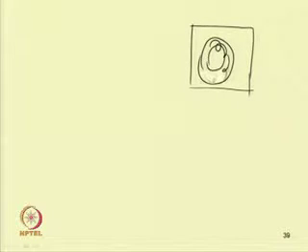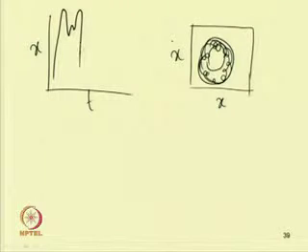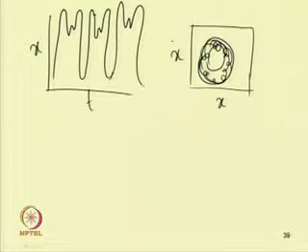This is x dot versus x, and the corresponding time response is aperiodic, and it may look like this and repeat. By plotting this aperiodic response one can tell whether it is periodic, quasi-periodic or a fixed point.